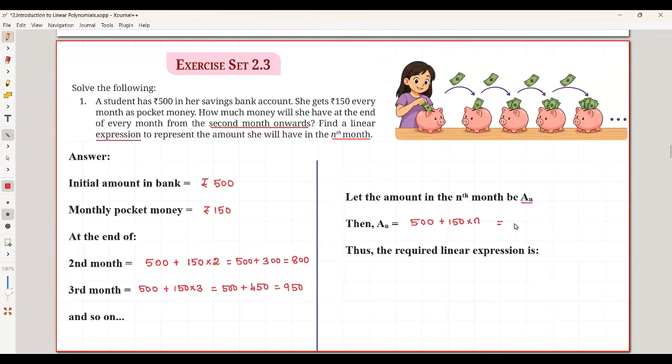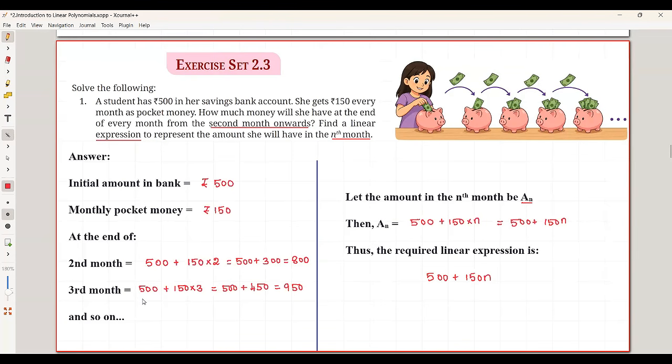Writing it in a simple way, 500 plus 150n. Now this is the required linear expression. Therefore the required linear expression is 500 plus 150n. From this, we can easily find out the amount for any month.